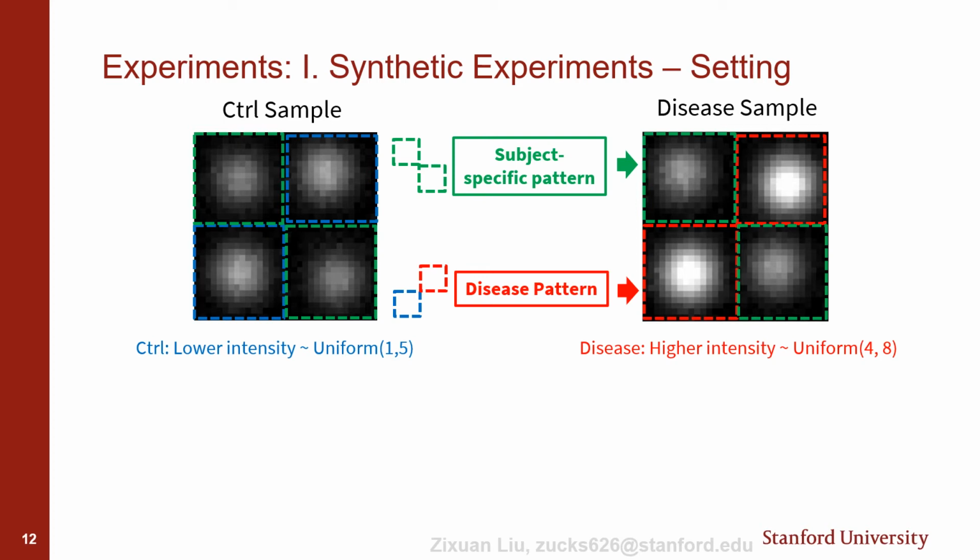For the left figure with the off-diagonal region boxed by the blue square, it denotes the control pattern, with a Gaussian signal with lower intensity sampled from a uniform distribution. For the right figure boxed by the red square, it denotes the disease pattern with a Gaussian signal with higher intensity sampled from another uniform distribution with higher expectation value.